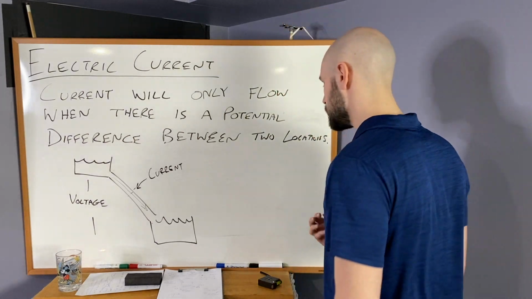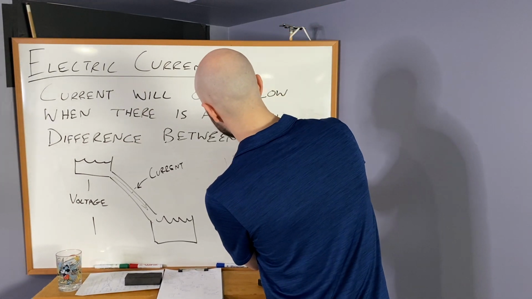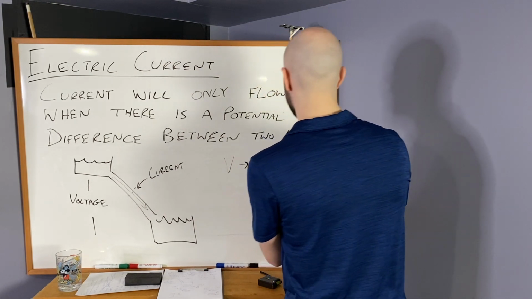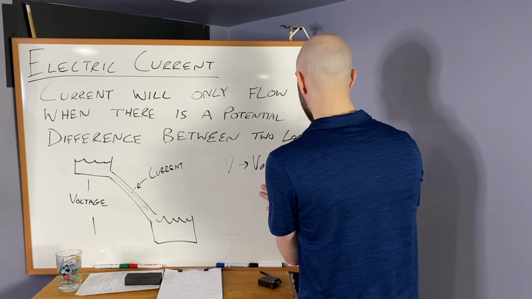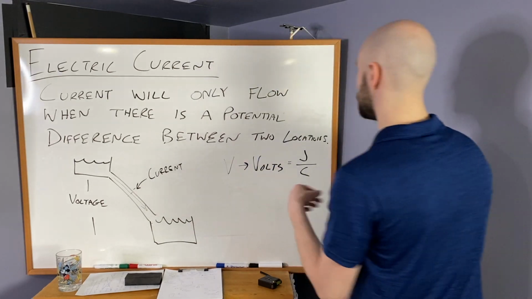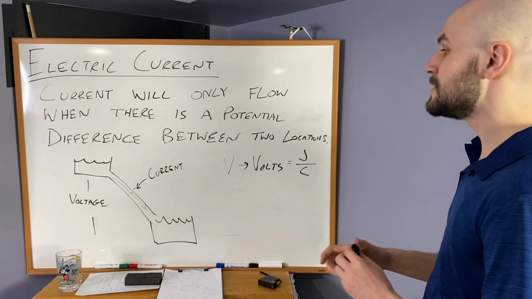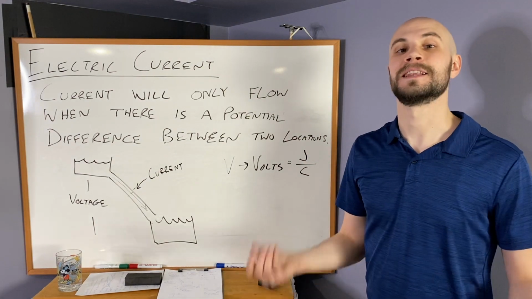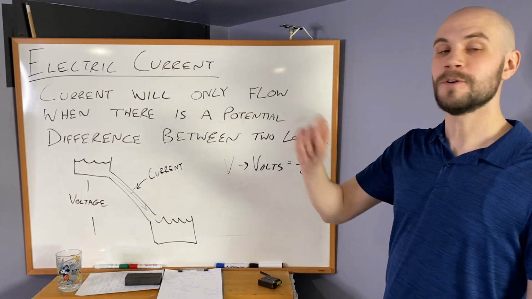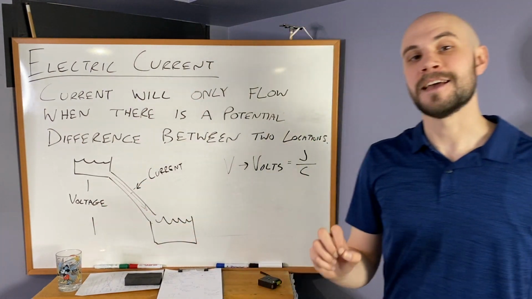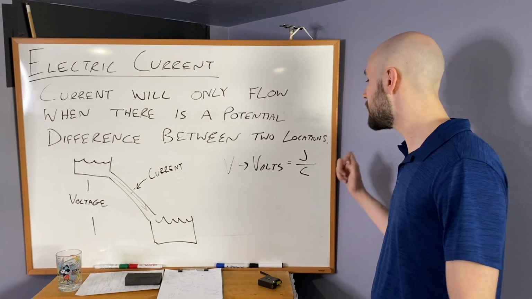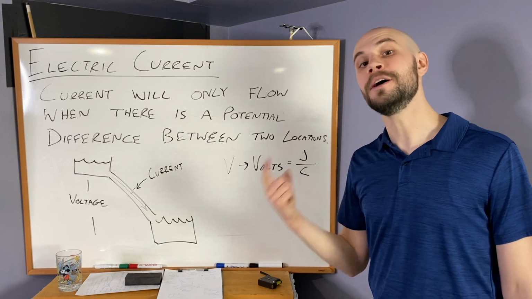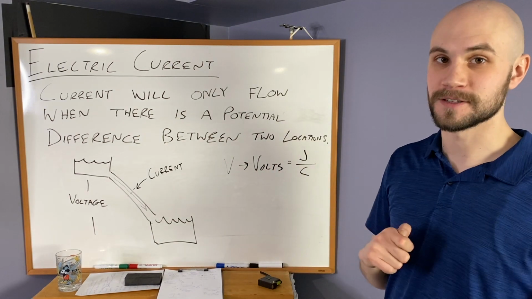Now remember, we discussed volts, right? V is voltage in volts, and volts are given to be joules per coulomb. Okay, so if we have, let's say, a voltage of 1 volt, like 1 volt of potential difference between these two locations, if you have 1 coulomb of charge flowing from that location to another, it can do 1 joule of work on its way down to the bottom.